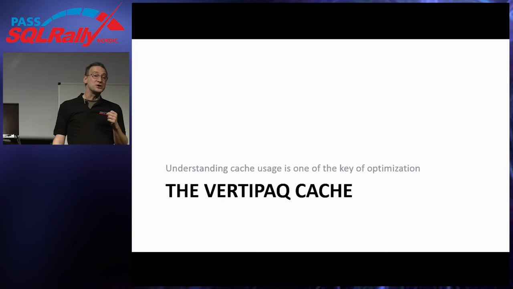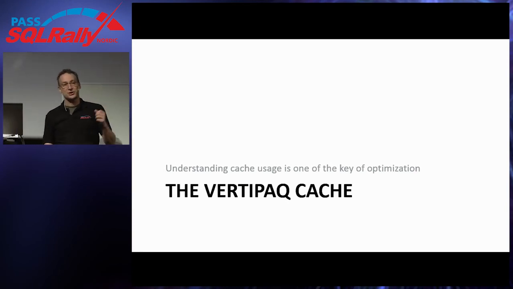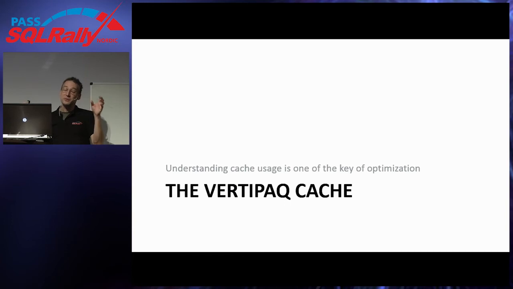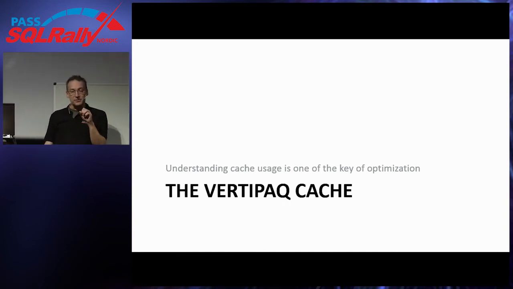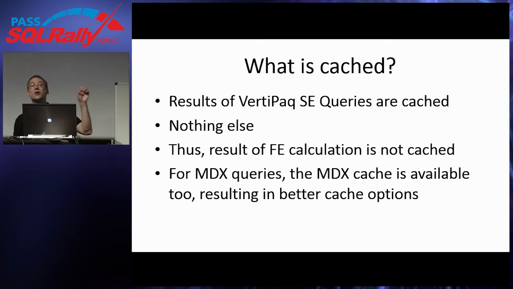Speaking about optimization, it is important even to understand how the cache works. Because you have a query plan, you have already seen that sometimes a Vertipaq query is resolved by the cache. So it's interesting to understand what DAX caches. DAX caches the result of Vertipaq storage engine queries and nothing else.